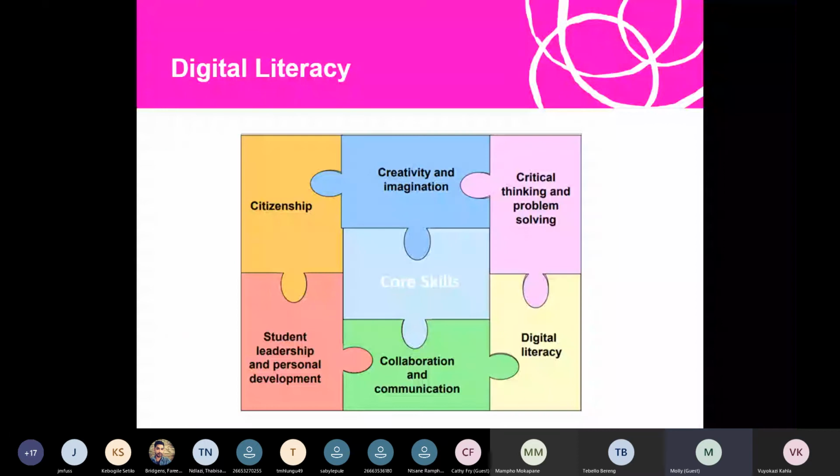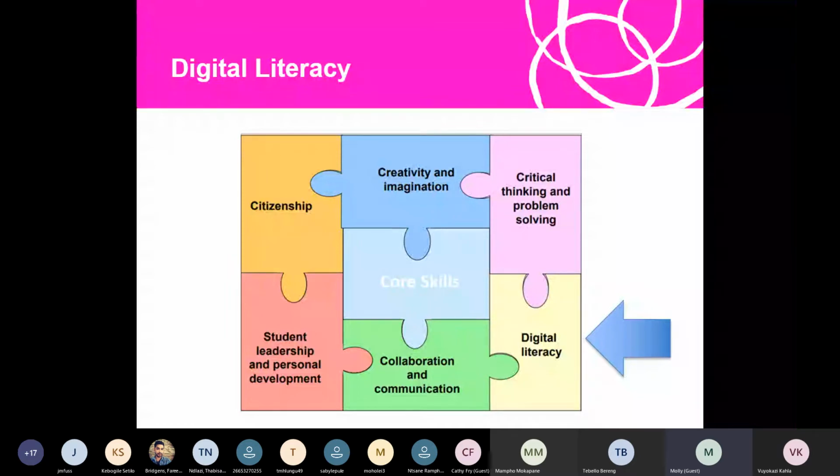Right, let's go to the next slide. The point of the slide is to show that all the core skills are interdependent. Let me put it this way. In school, we want to teach young people that the world is a set of interrelated ideas. However, we cannot teach all subjects together. So we teach history, geography, science as different subjects.